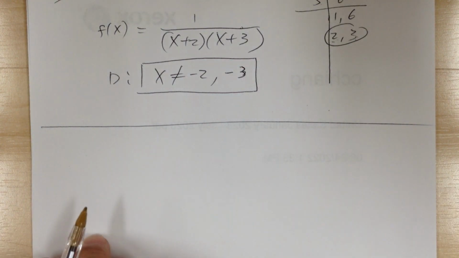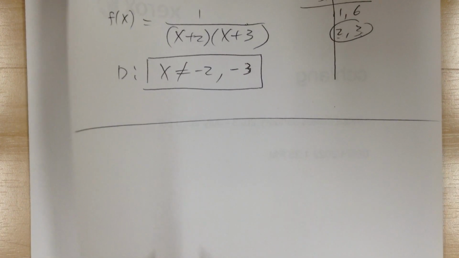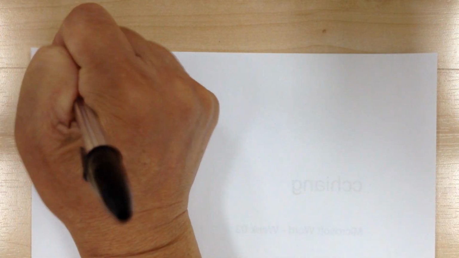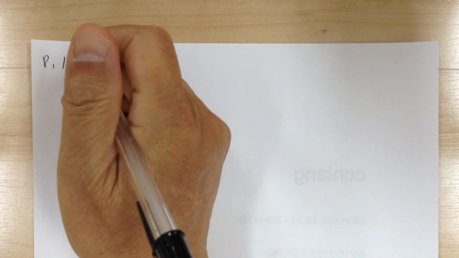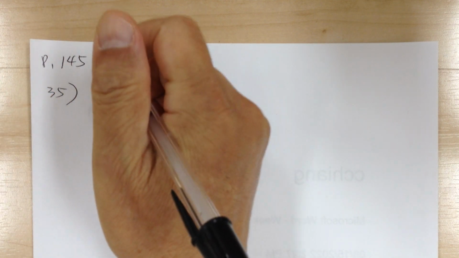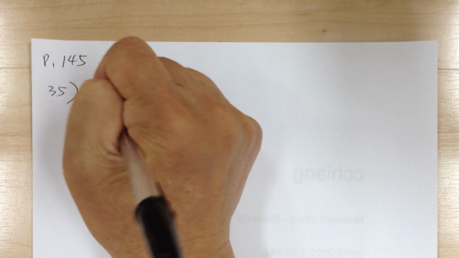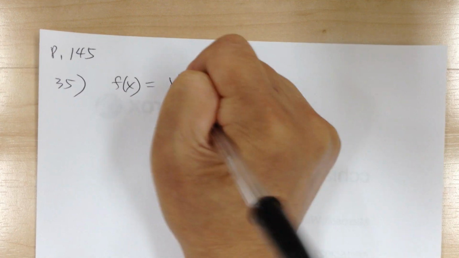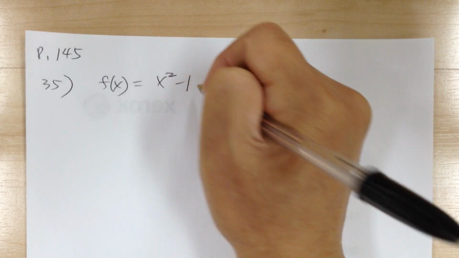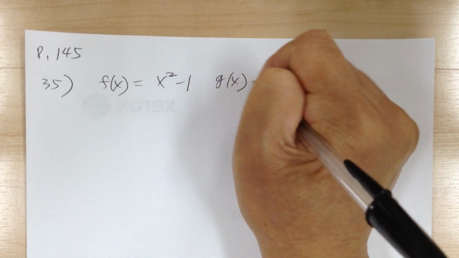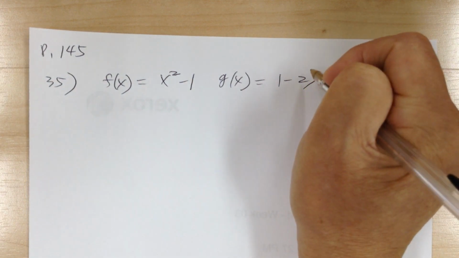Okay, now let's go to number 35. Page 145, number 35. You have f of x equal to x squared minus 1, and g of x equal to 1 minus 2x.